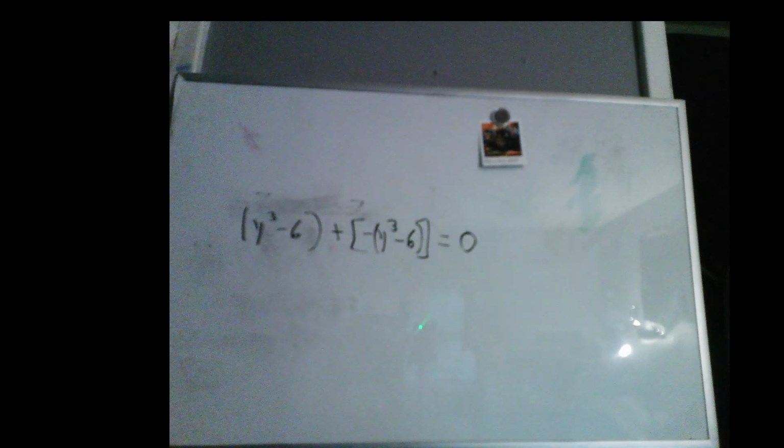The correct answer to this question is the additive inverse property. It's inverse because on one side of the equation, y cubed minus 6 is positive, and the other, negative y cubed minus 6, is negative. So they cancel each other out to equal 0.